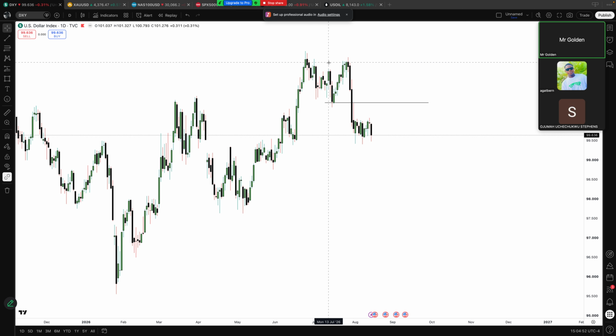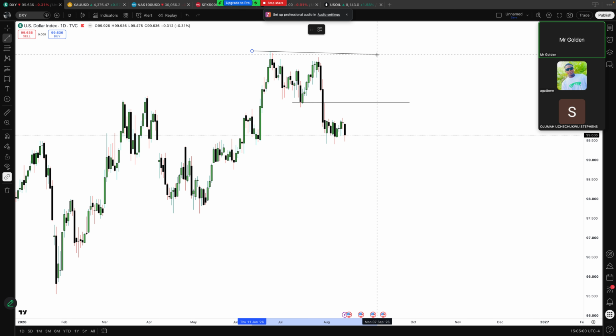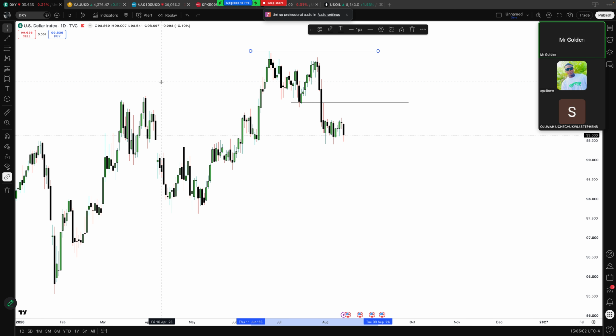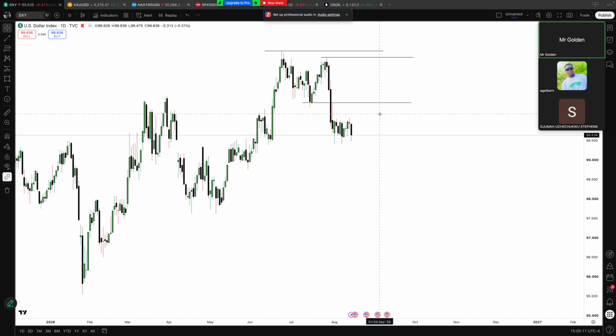And then this is a relative equal high here at this point here. This is a relative equal high here. But what price is doing at this time and at this moment is very confusing, but we'll get there.